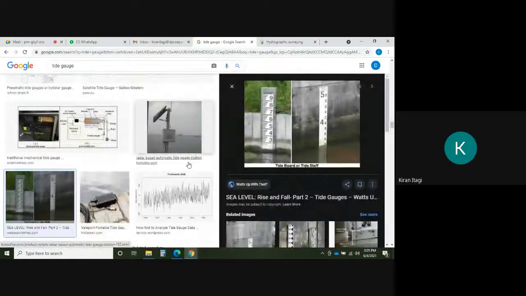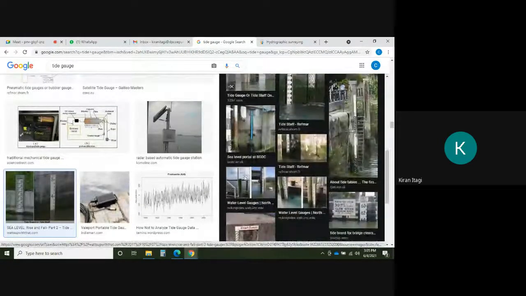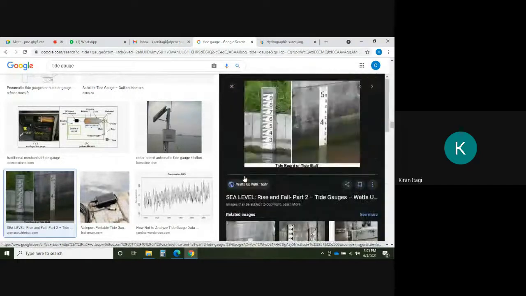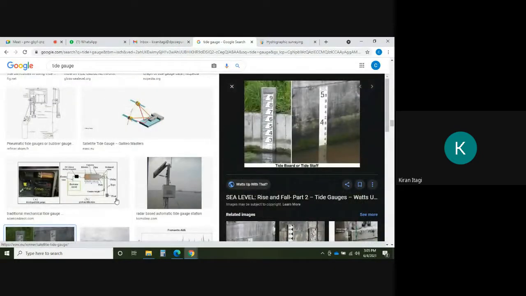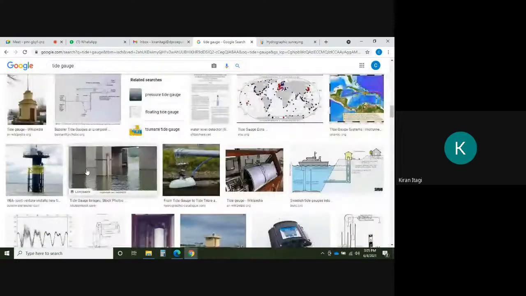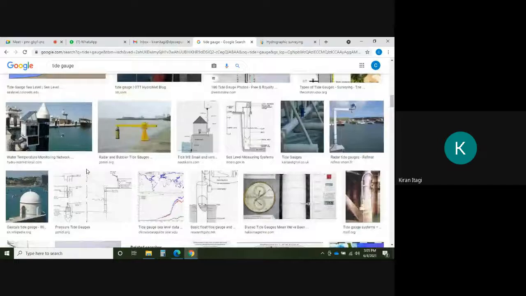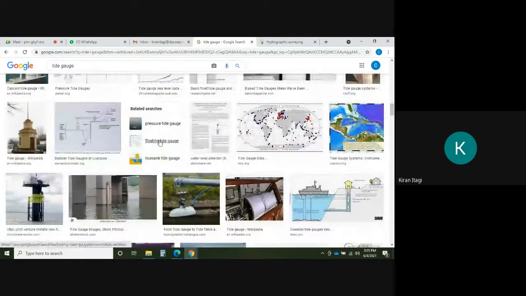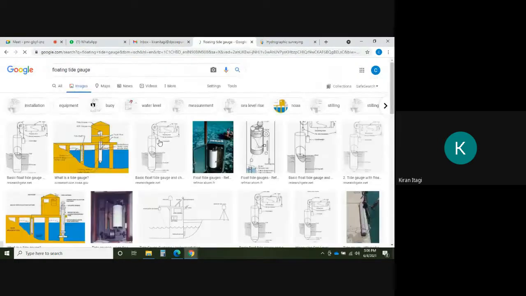One we have here is nothing but the staff. Another, the floating one, is there. Once again, I will show you the figure: the floating tide gauge.